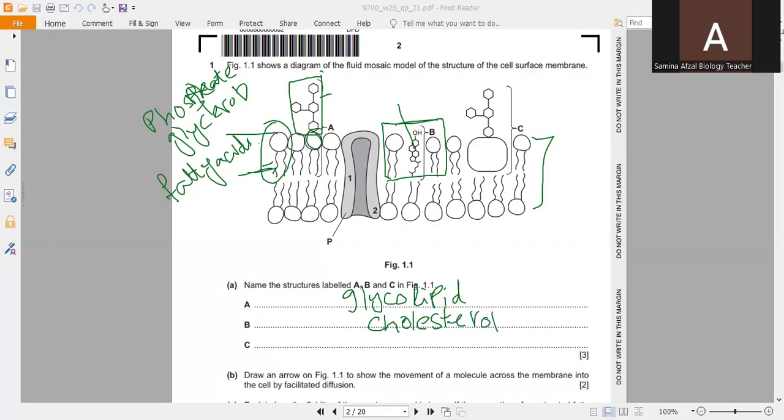And C, again, is a carbohydrate chain attached to a large globular shape, and this globular shape is protein. So this is glycoprotein. C is glycoprotein.